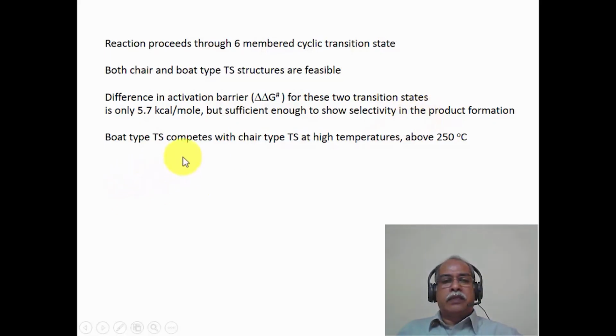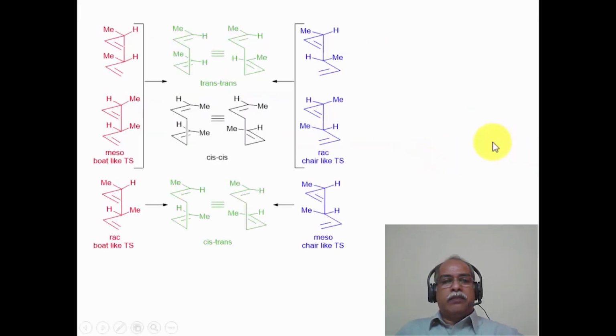The boat type transition state competes with the chair type transition state when the reaction is carried out much above 250 degrees. In other words, stereoselectivity will be lost if the temperature is very high compared to the temperature at which the reaction actually takes place, namely 225 and 180 degrees respectively for the erythro and threo isomers.